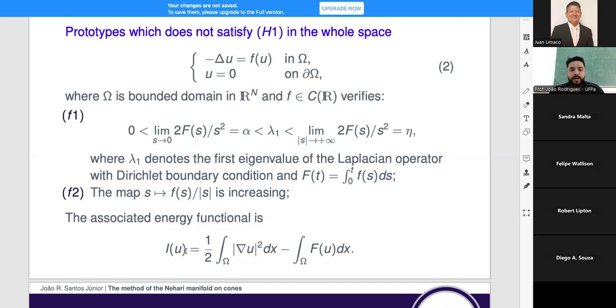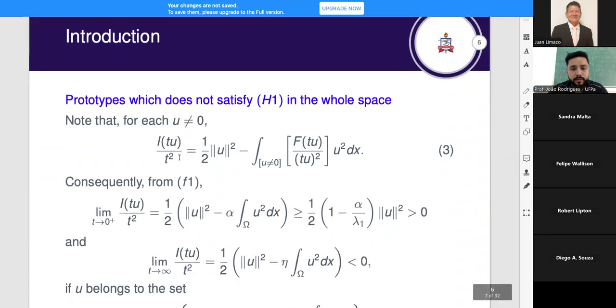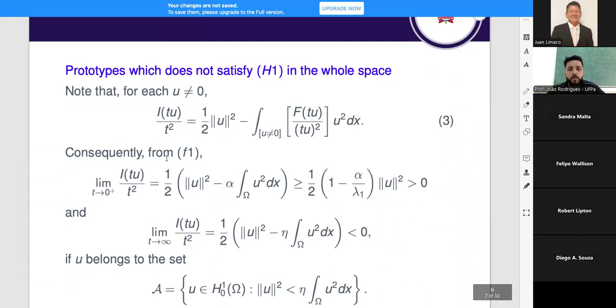For example, let's consider the functional I associated to this problem. And we can see that for each positive t and u different from zero, this limit is strictly positive because the number alpha, by hypothesis (F1), is less than the first eigenvalue of the Laplacian operator.